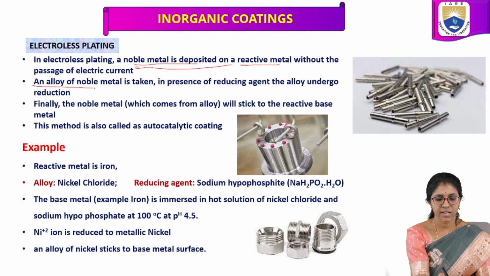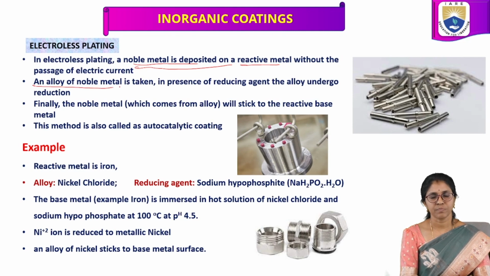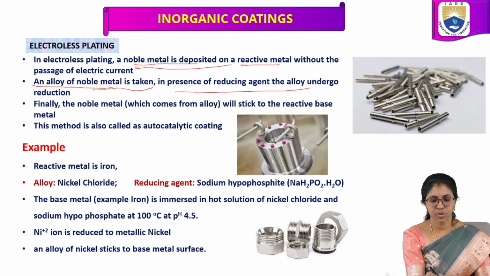Here, a salt of the noble metal is taken, and in the presence of a reducing agent it undergoes reduction. So for depositing the noble metal on the reactive metal, we take the noble metal compound, which reduces in the presence of a reducing agent.